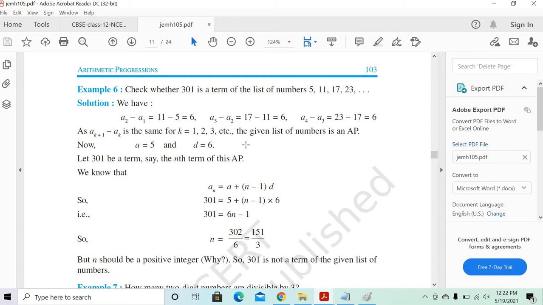So if it doesn't come as a natural number, that means this number doesn't exist in the sequence, because the number of terms has to be a natural number. Once we go 1, 2, 3, 4, 5, 6, 7, 8, 9, 10 like this, it has to be a natural number only, because we cannot say it's the 151 by 3th term. Either 151st term or 152nd term.